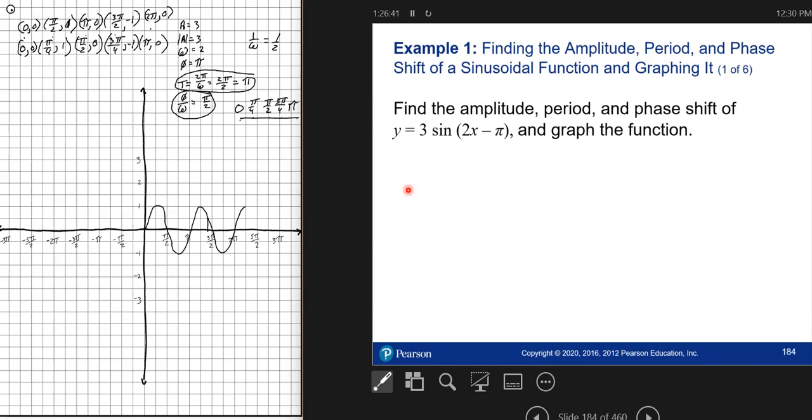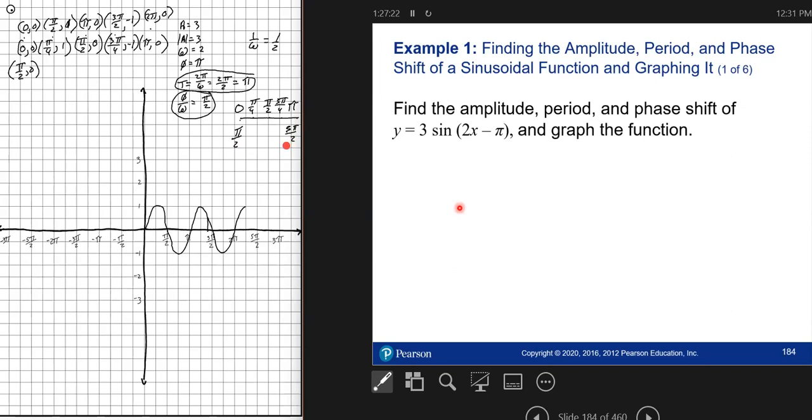Now the phase shift, I'm shifting it half a pi. So I'm shifting it to the right a half pi. So instead of going through (0, 0), it goes through (pi halves, 0). Right? Because I added half a pi at this end, and so that's going to be pi over 2. I'm going to add half a pi at this end, so that's going to be 3 pi over 2.